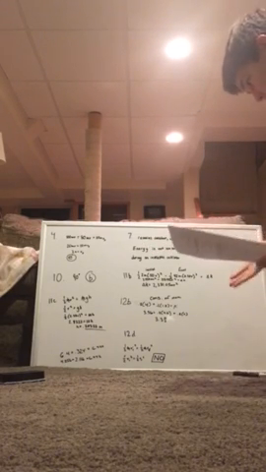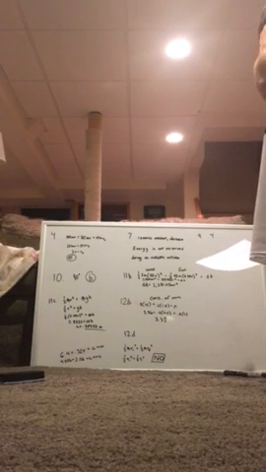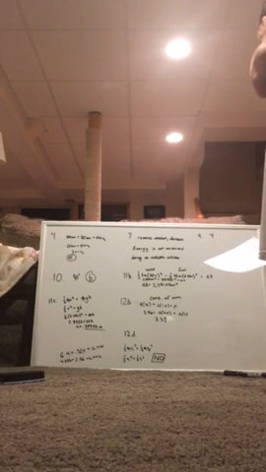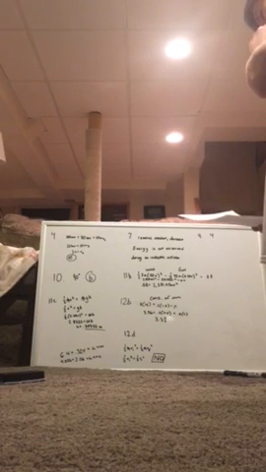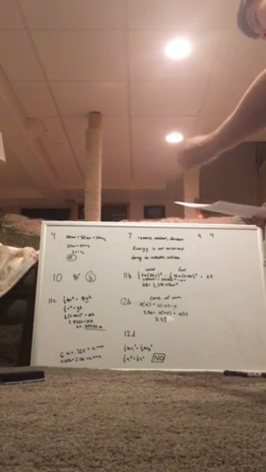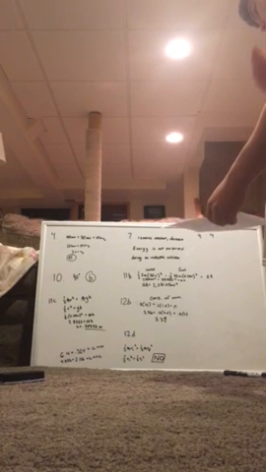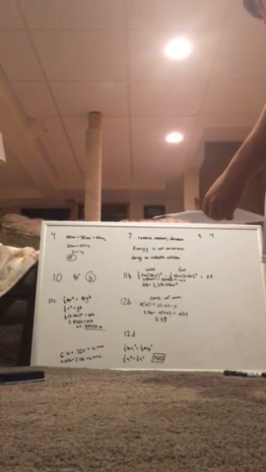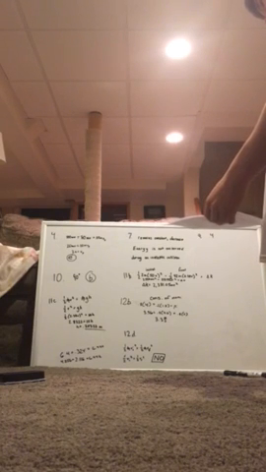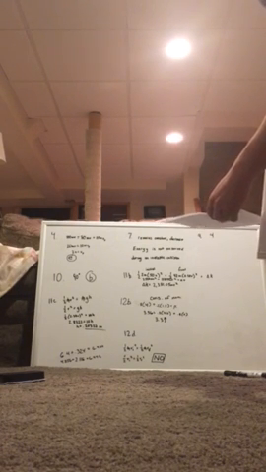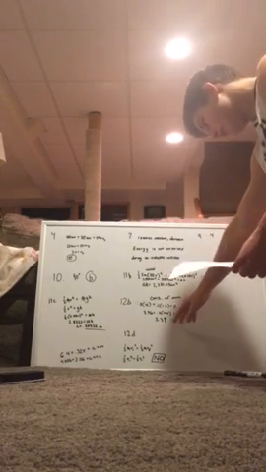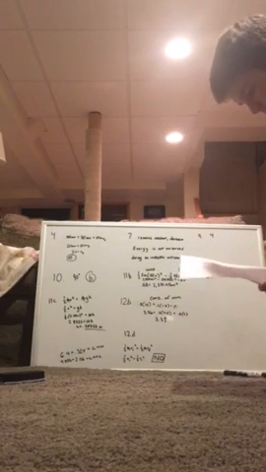So you're doing mv plus mb equals the initial, and since you know the initial from before, you end up doing the math. So after you do this math, you get that the truck is traveling 3.3 meters per second to the right.